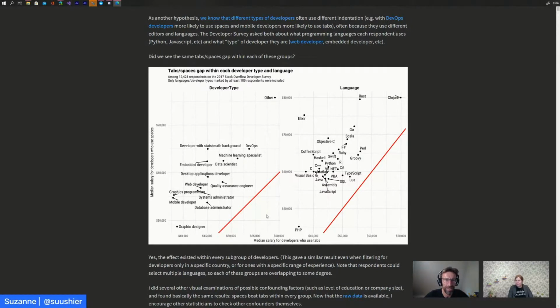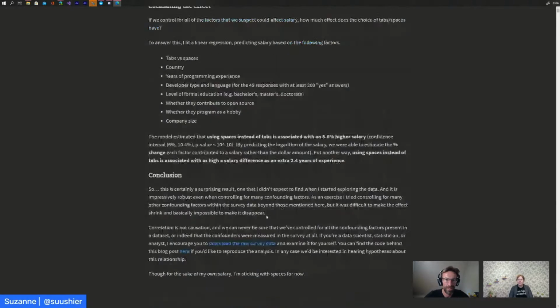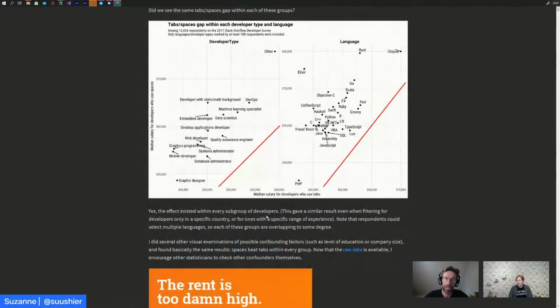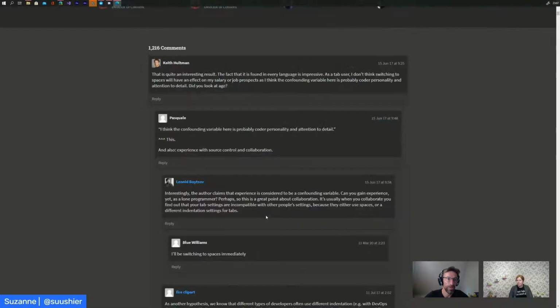Oh, and there's even gaps within different languages. But then that comes to the intricacies or the local flavors or habits that come with a given sub community, I guess.